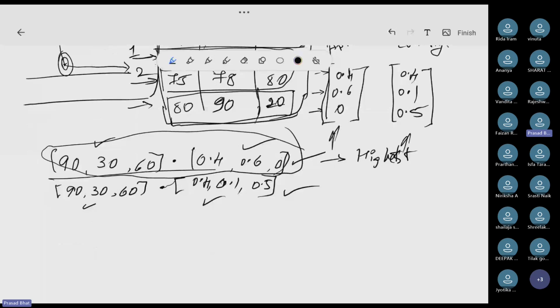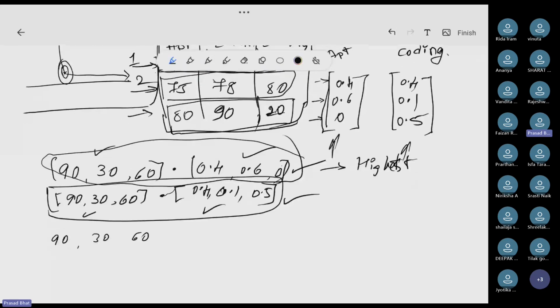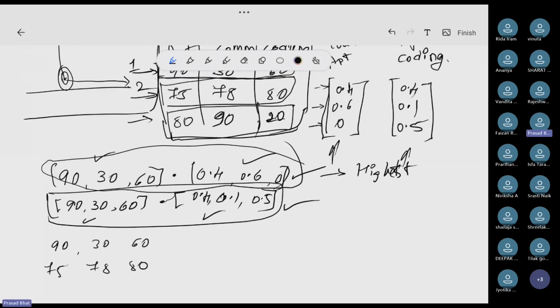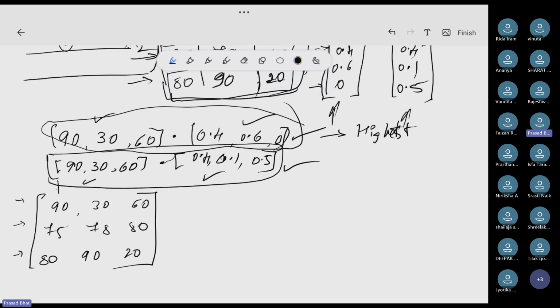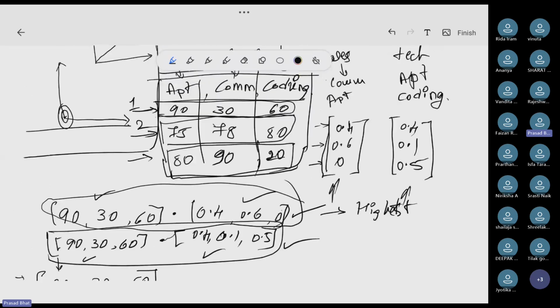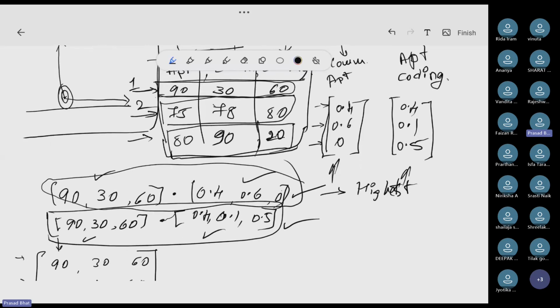If I take the table as a matrix, 90, 30, 60, right? The second student 75, 78, 80, then 80, 90. This is going to be one matrix. Each row corresponds to one particular student, and each column, the first column corresponds to aptitude, the second one to communication, and the third one to coding, right?